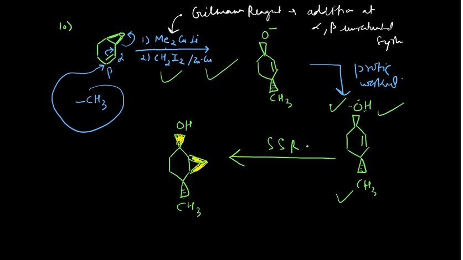So both are beta, this is beta, this is also beta. So this is all about the Simmons-Smith reaction, but in your textbook, especially if you go for the name reactions in synthetic organic chemistry, you will find various other examples which cannot be solved on the pure concept of the Simmons-Smith reaction. But whatever I have explained to you is more than sufficient for any competitive examination.